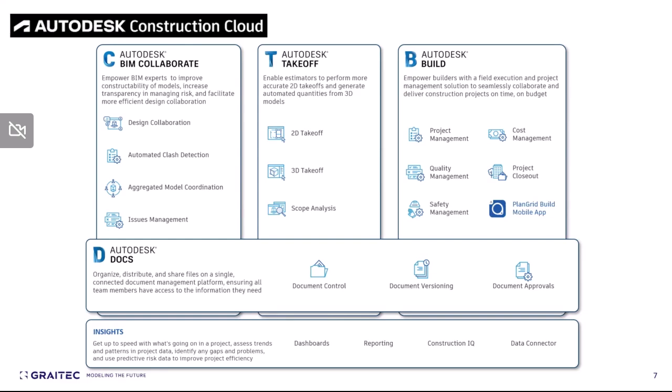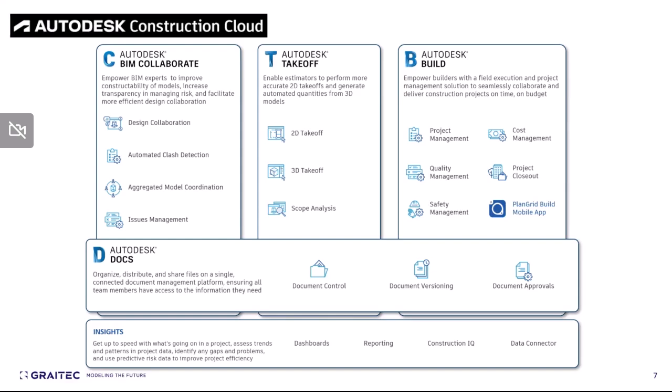From there, we have the Autodesk Takeoff subscription, which allows me to quantify all of the elements within my project, allowing me to produce a quantity schedule for costing purposes.